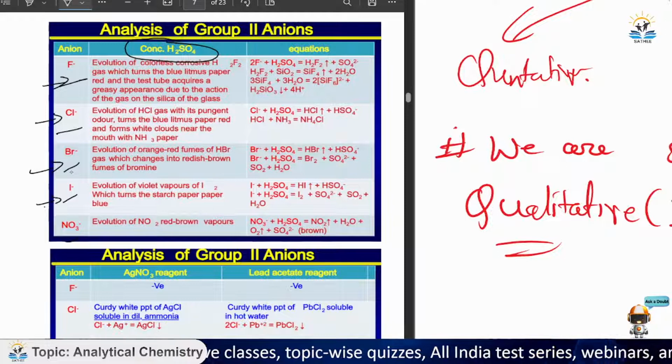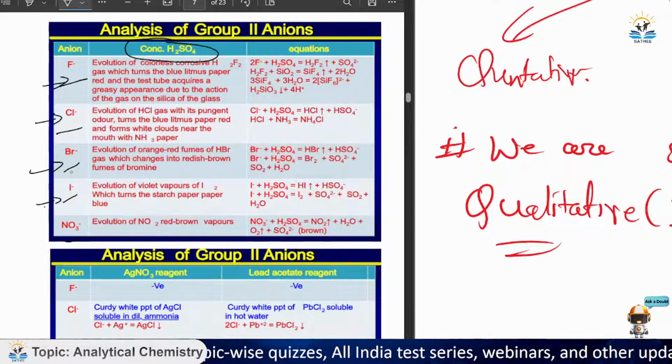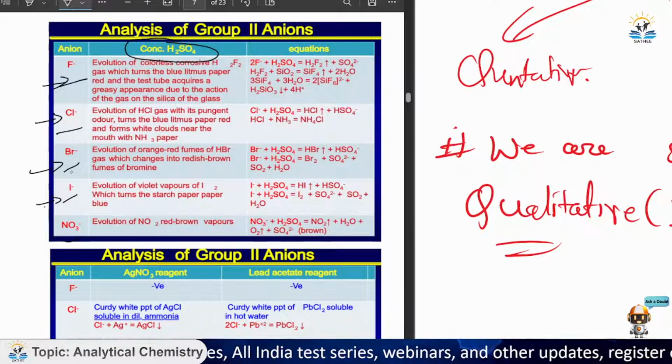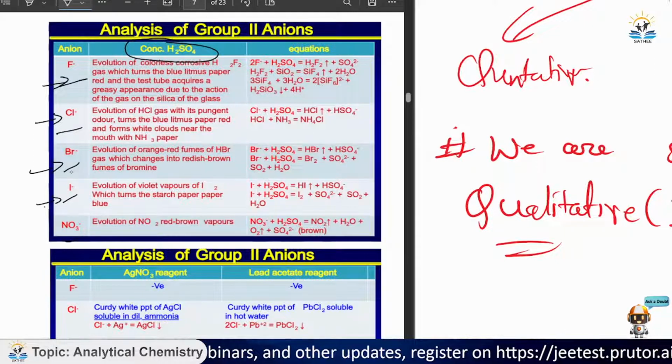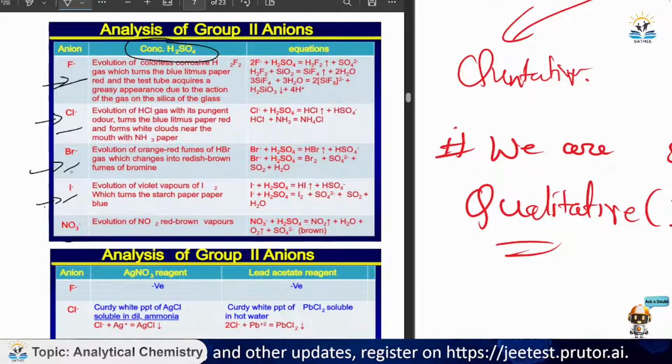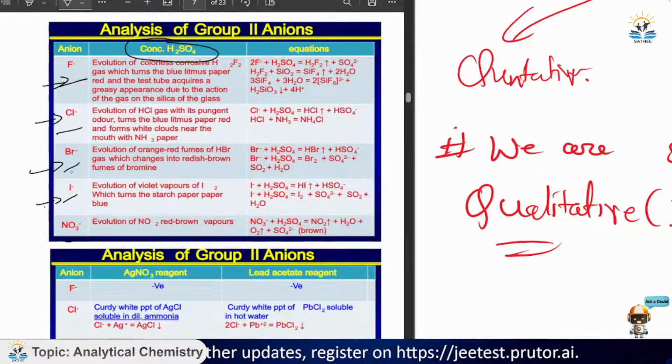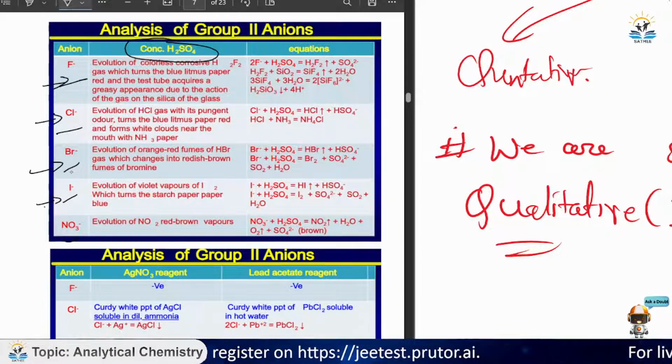Let's see about the fluoride anion. There is evolution of colorless corrosive H2F2 gas. This is a corrosive gas, I mean, if it is brought in contact with some metal or iron, it will corrode it, but not directly, it will take some time.